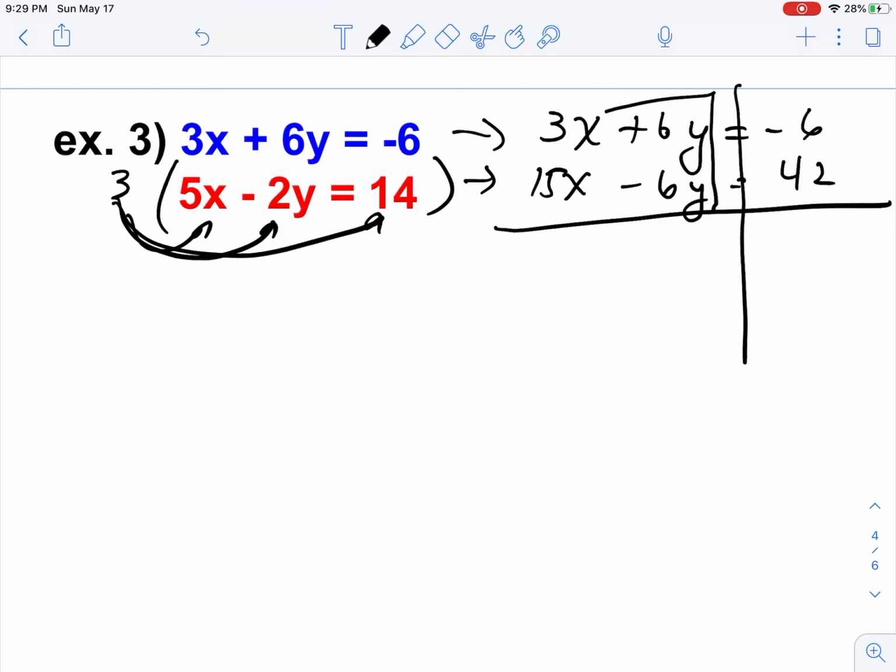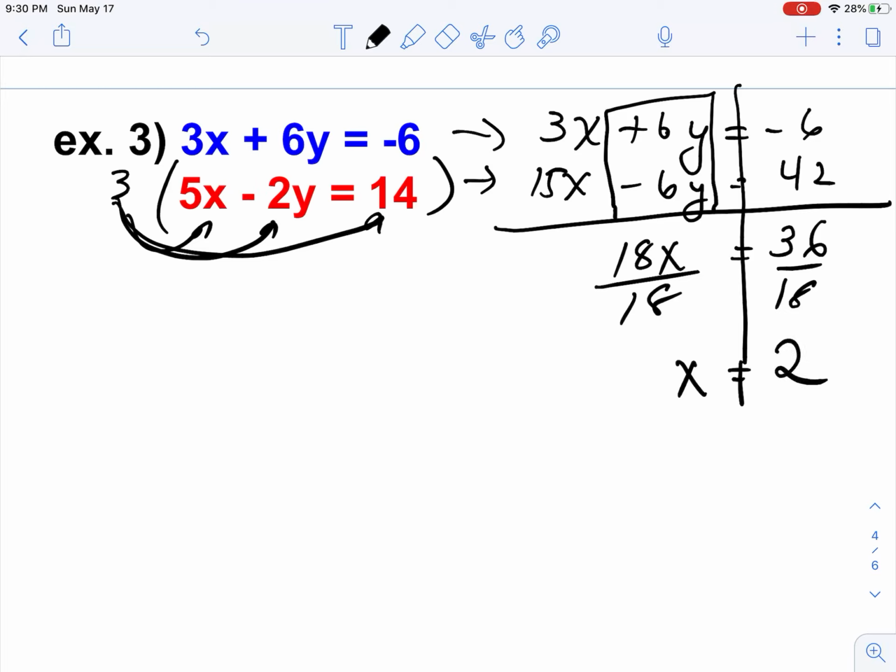Okay, so we have opposites with our y's, and when we add up our x's, 3x plus 15x is 18x, equals, the positives are going to win by 36. Divide by 18. And use your calculator on this. 18 is going to go in there 2 times. So our first coordinate then is 2.